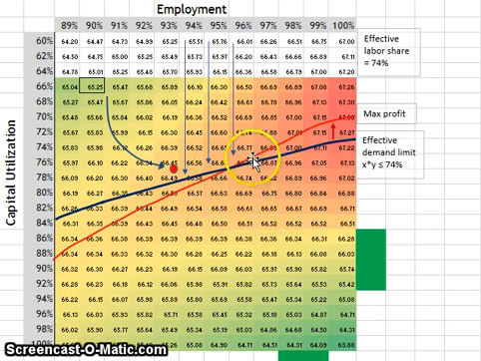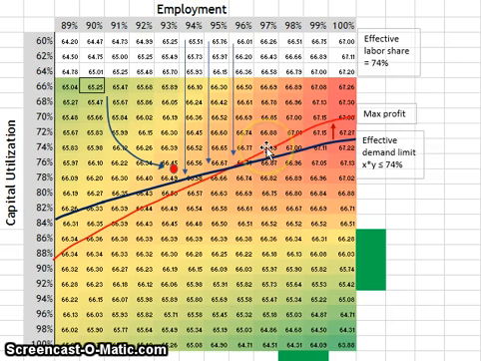Now what's interesting is when the profit line here, you see this arrow where the profit line pulls away from the effective demand limit before a recession. This is actually seen in the data on the effective demand limit: as the economy pulls away from the effective demand limit, there really isn't a recession yet. It shows that it's dropping away from the effective demand limit, but there isn't a recession yet because there's still profitability.